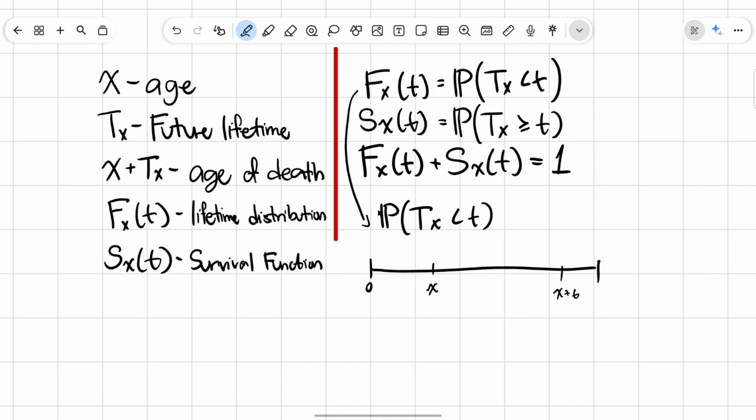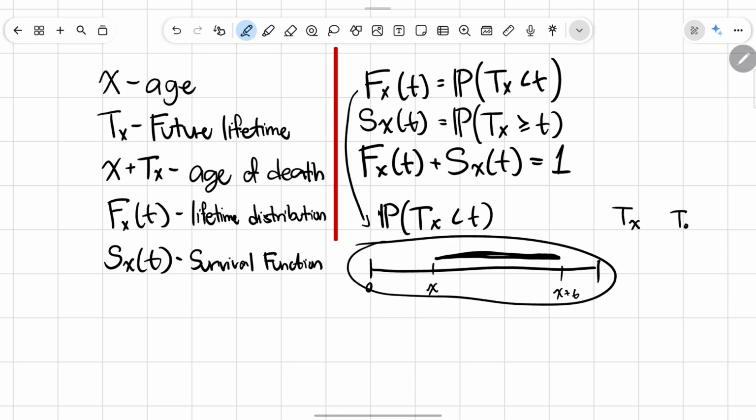So the person's age of death must lie here. Okay?